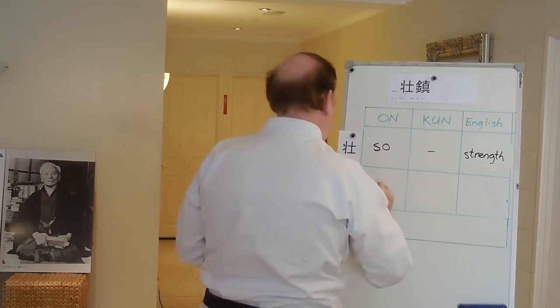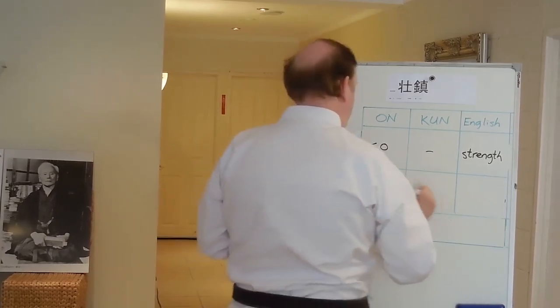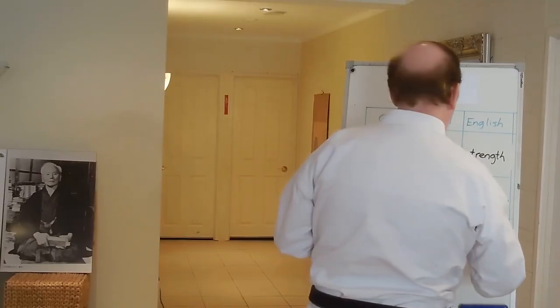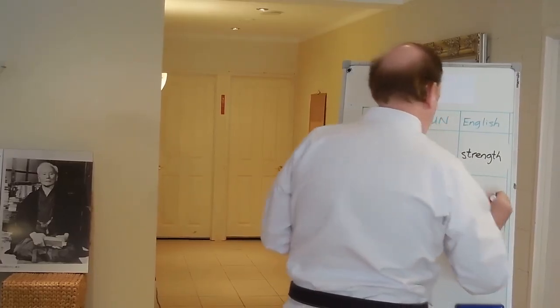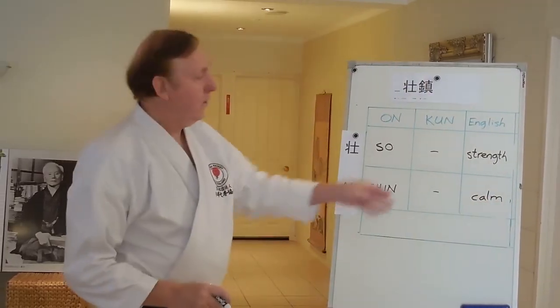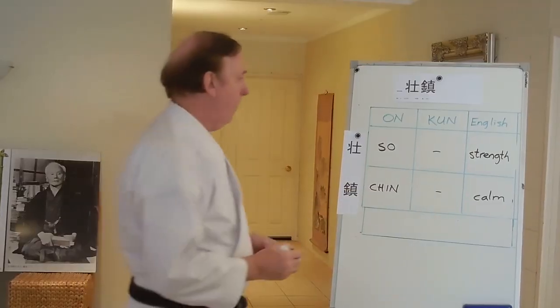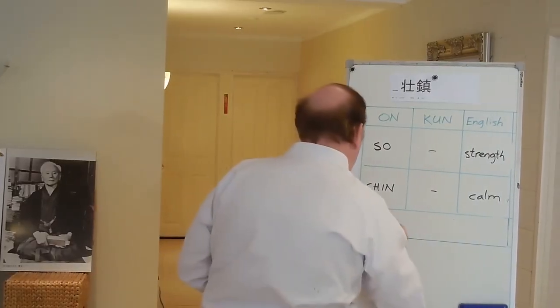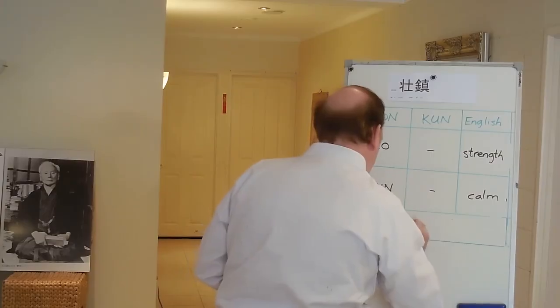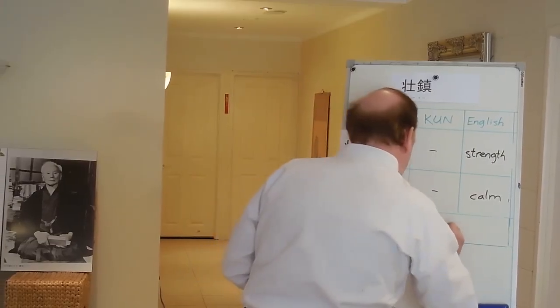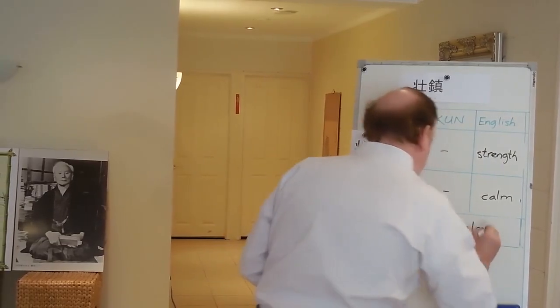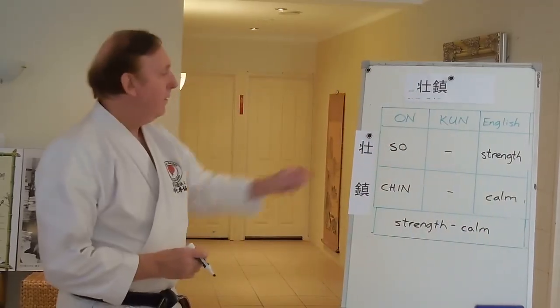And chin, again, has no particular meaning, but it means calm. So sochin means strength and calm. No particular Japanese differentiation.